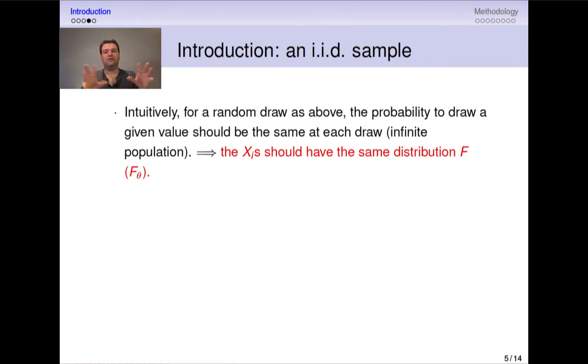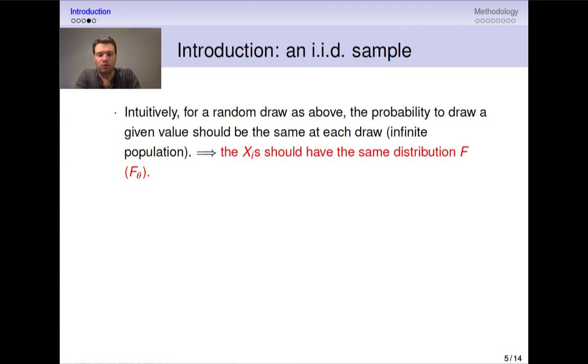If we have an infinite population, we have to intuitively understand that if we first draw and pick a random variable who is a woman, there is a probability in the population to pick a woman, and a probability to pick a man, which is 1 minus the probability to pick a woman.